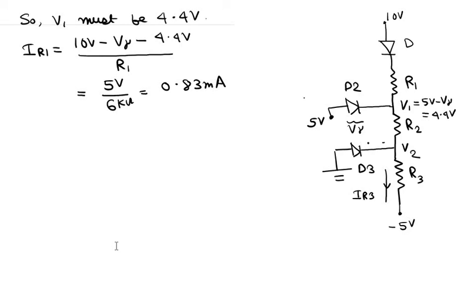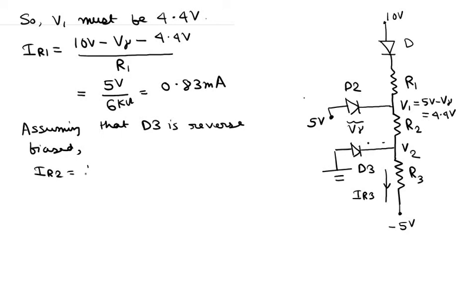Next, we need to find the voltage V2, and for that we need to calculate the current IR2 and IR3, so that we can actually understand whether this diode D3 is actually reverse biased or not. Initially we had assumed that D3 is actually reverse biased. So assuming that D3 is reverse biased, IR2 is equal to IR3.